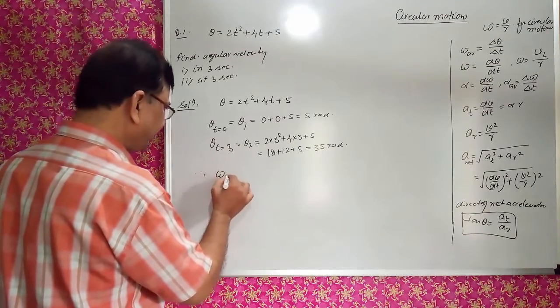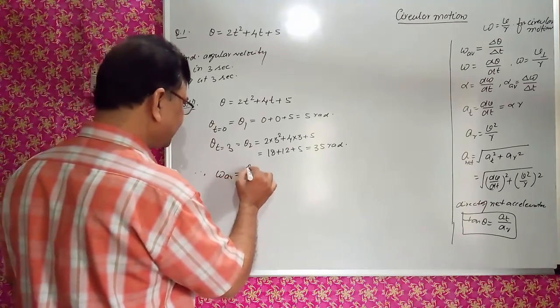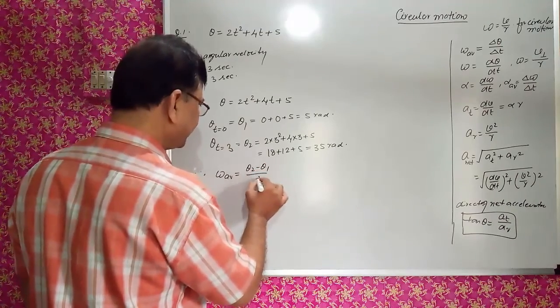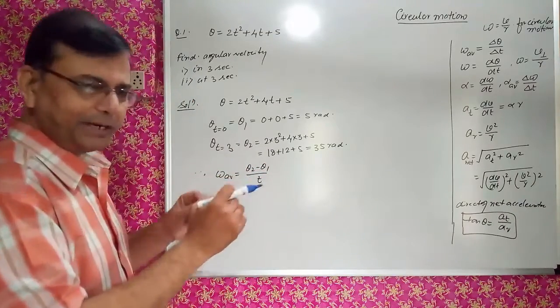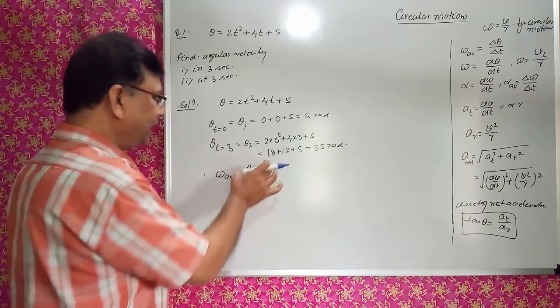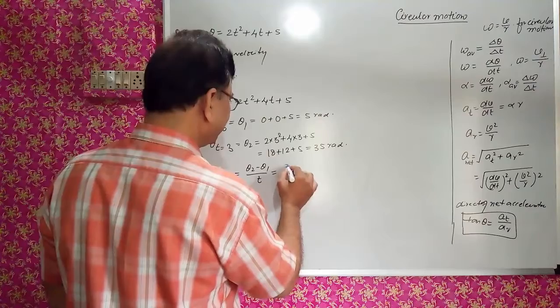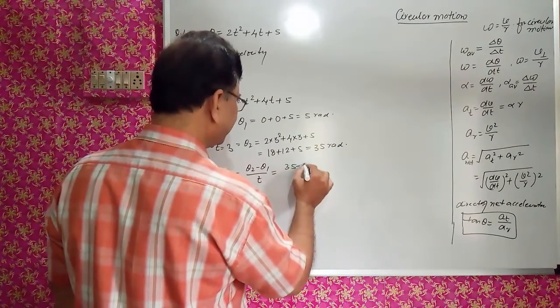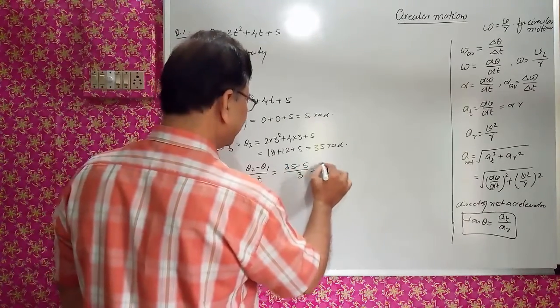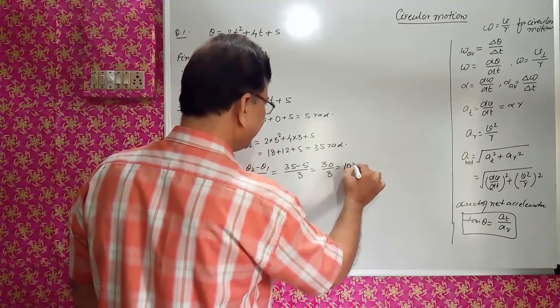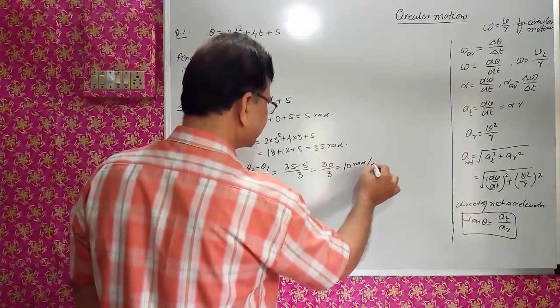Therefore, omega average is equal to theta 2 minus theta 1 by t, that is delta theta upon delta t. Delta t means 3 seconds and delta theta means theta 2 minus theta 1. So we write 35 minus 5 by 3, that is 30 by 3, that is 10 radians per second.